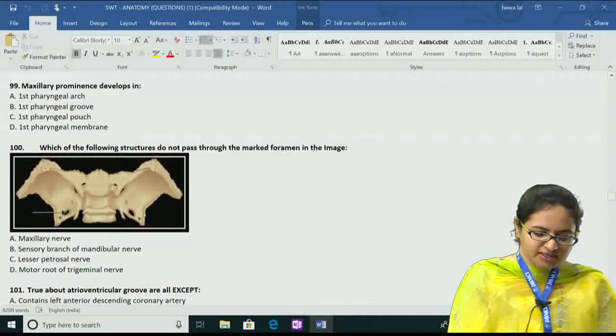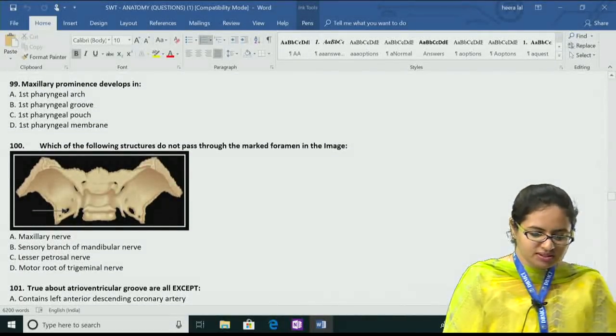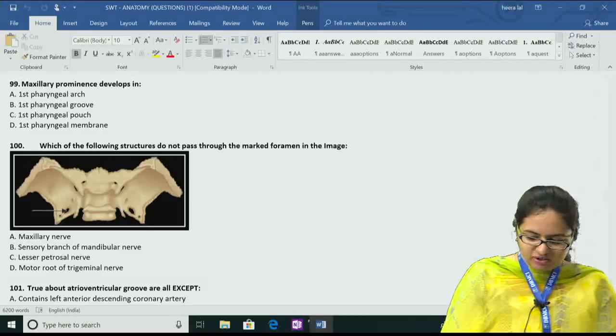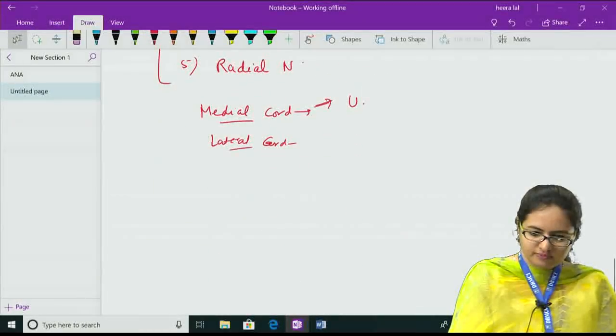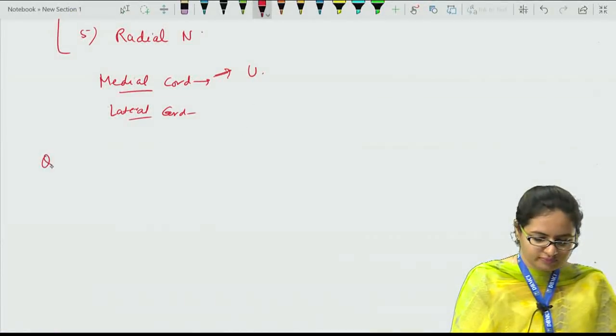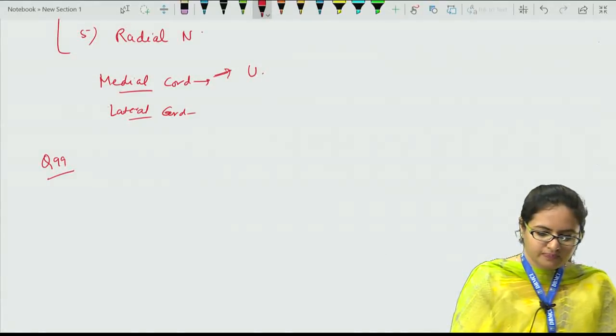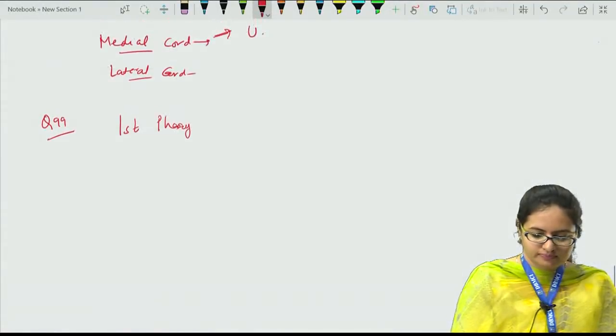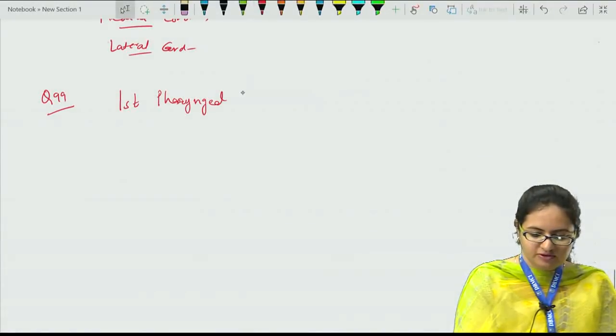Next question, question number 99. It says, the maxillary prominence develops from? The answer is option A, the first pharyngeal arch. The first pharyngeal arch gives rise to two prominences.